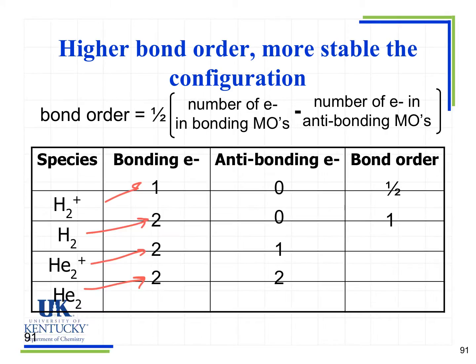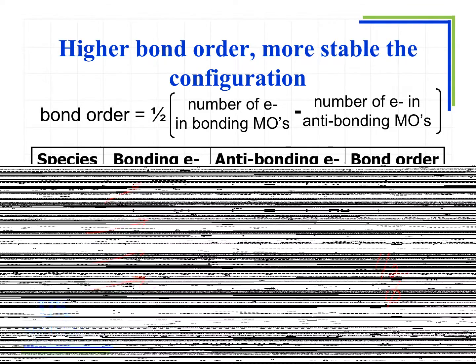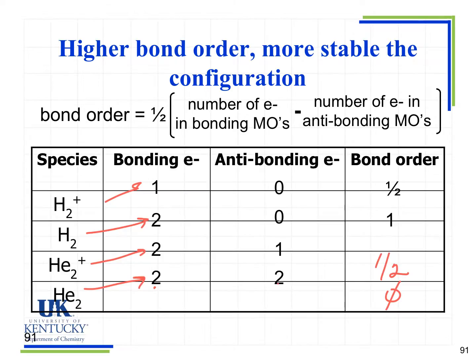For He2 plus, I get 2 minus 1 is 1, divided by 2 is a half. And for He2, I get 2 minus 2 is 0, so regardless of what I multiply it by, I still get 0. And what we see is that He2 doesn't exist, while H2 can exist, as can H2 plus and He2 plus. H2 is clearly the most stable of these 4 options.